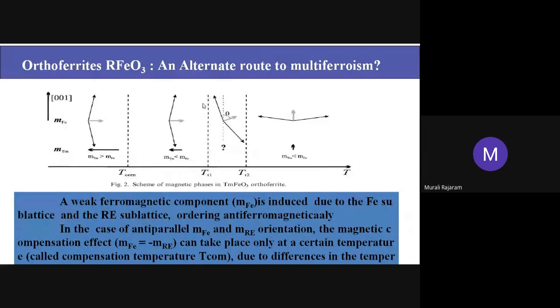If you keep on cooling at this temperature, the spins start reorienting from one crystallographic axis to another crystallographic axis. If you see this cartoon here, the ferromagnetic component is pointing along one direction above this spin reorientation temperature. But below this, here the spin reorientation starts, and here the spin reorientation ends.